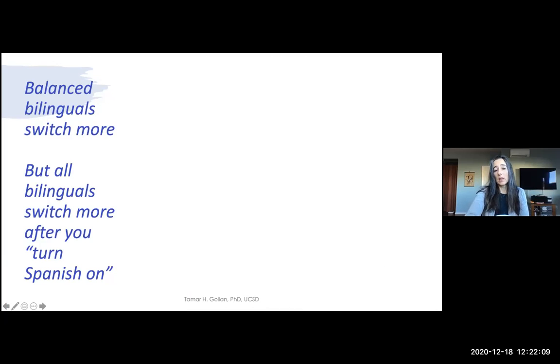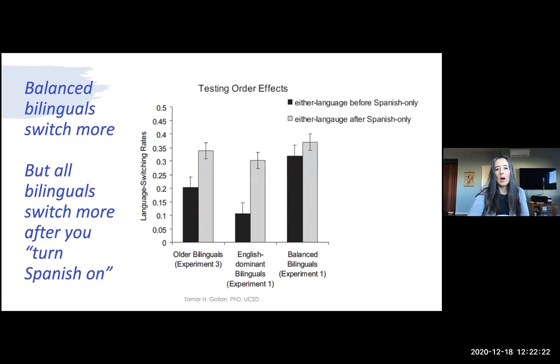Now, okay, balanced bilinguals switch more, but another thing we found in this study is that all bilinguals switch more after you turn their Spanish on. These are bilinguals in San Diego. English is the dominant language. But this shows you the older bilinguals, the English dominant bilinguals, and a smaller group that we had of balanced young participants.